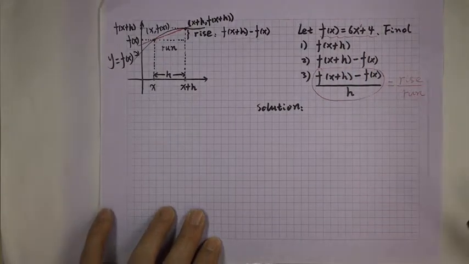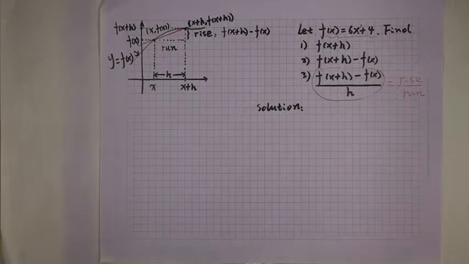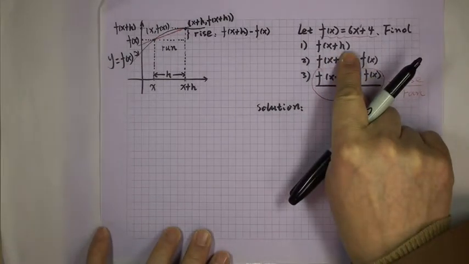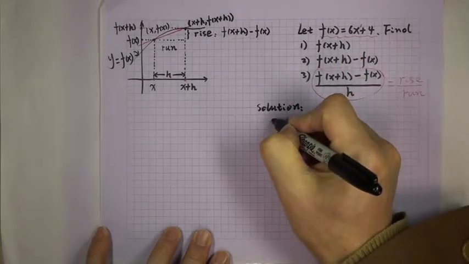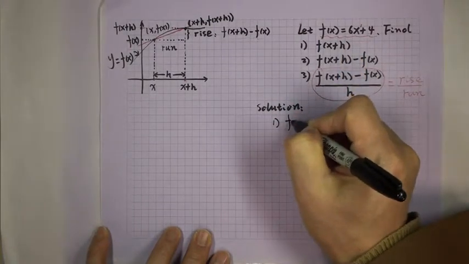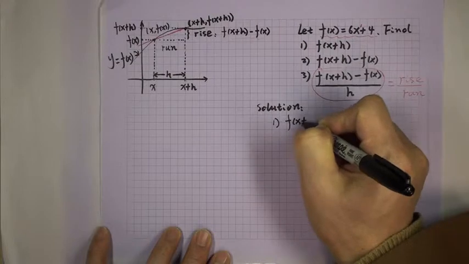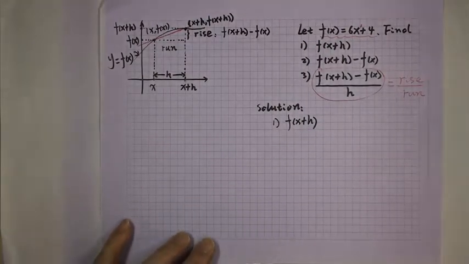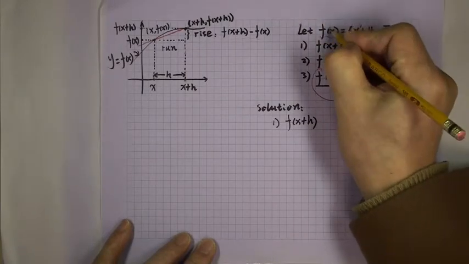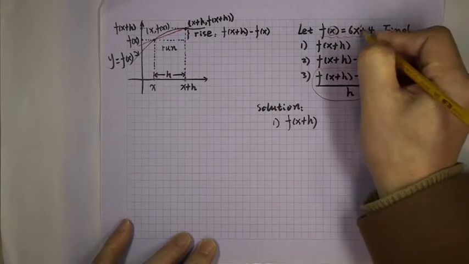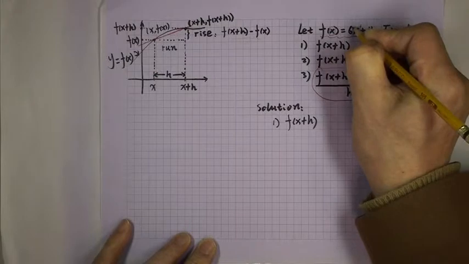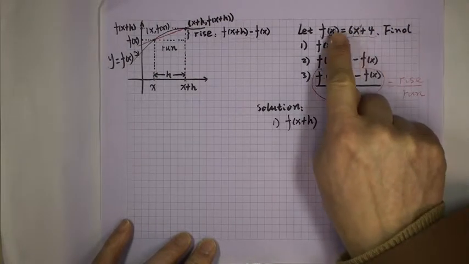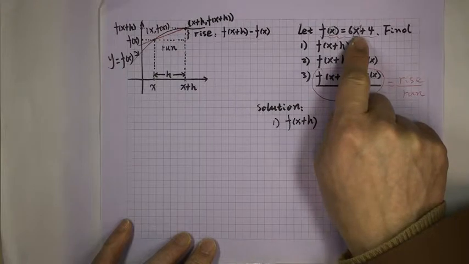Now, let's calculate f of x plus h. Where there is an x here, we have x here.